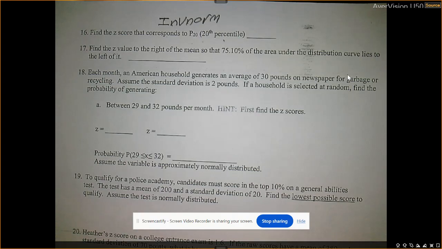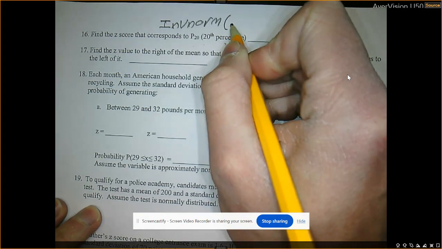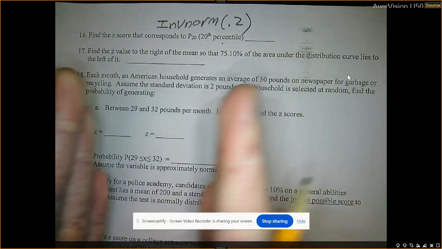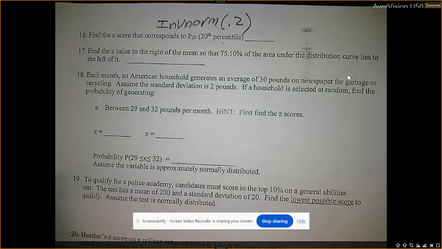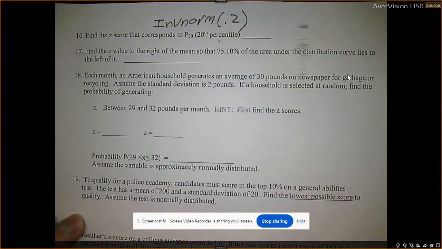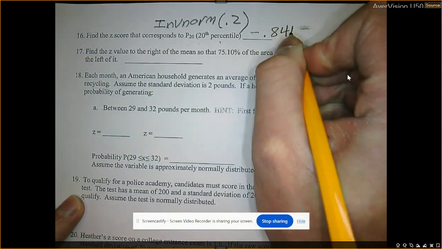But in this case, we're just given a percentile. So you're saying, what is the z-score that corresponds with the 20th percentile? Well, 20th percentile is going to be 0.2, or 0.20. So 20% of the curve will be under this z-score is what that means. So inverse norm of 0.2, you just put that in your calculator, you should get negative 0.8416.